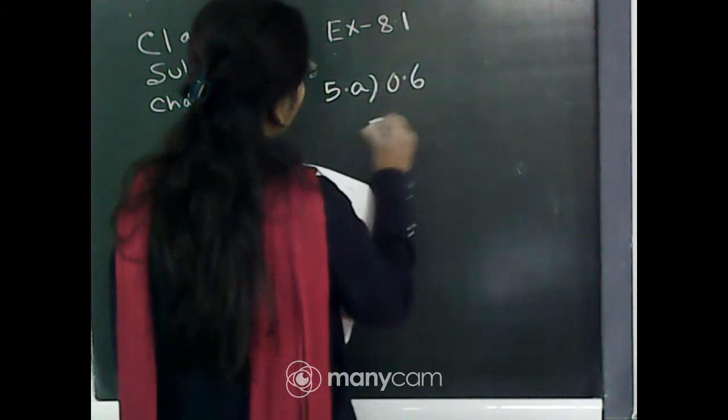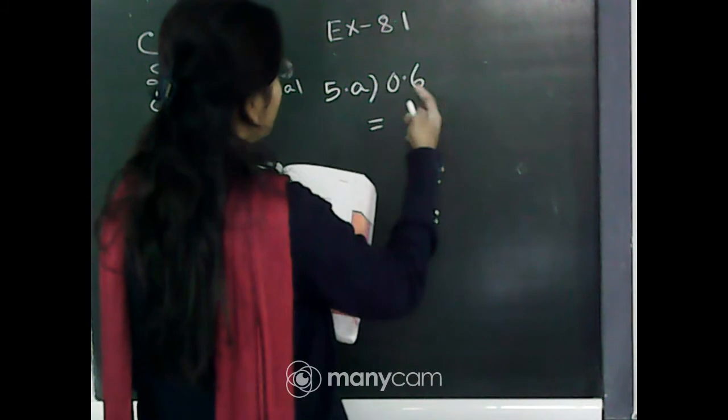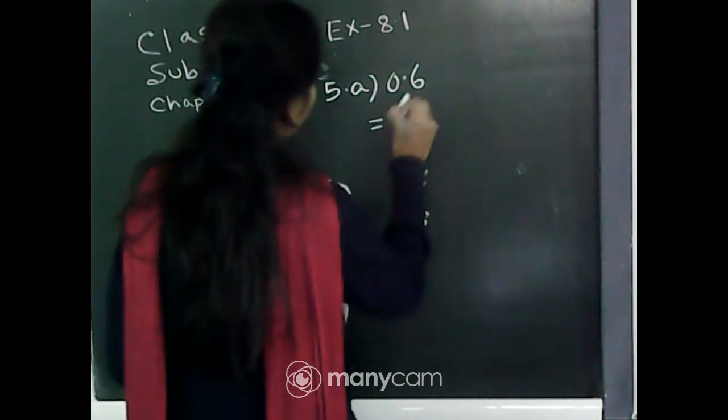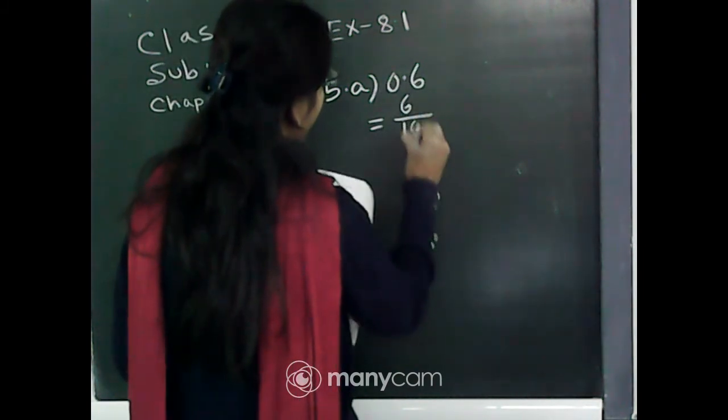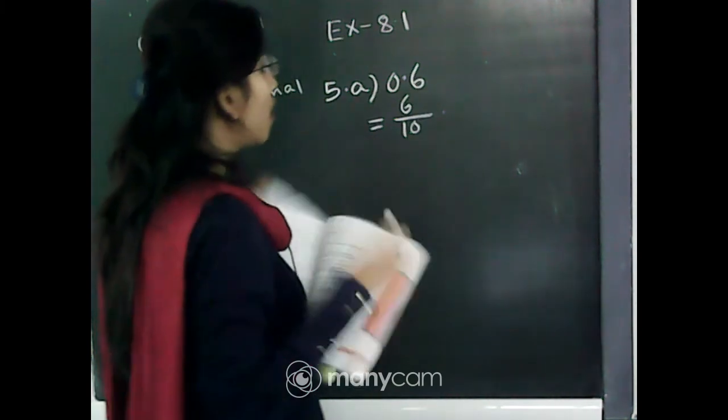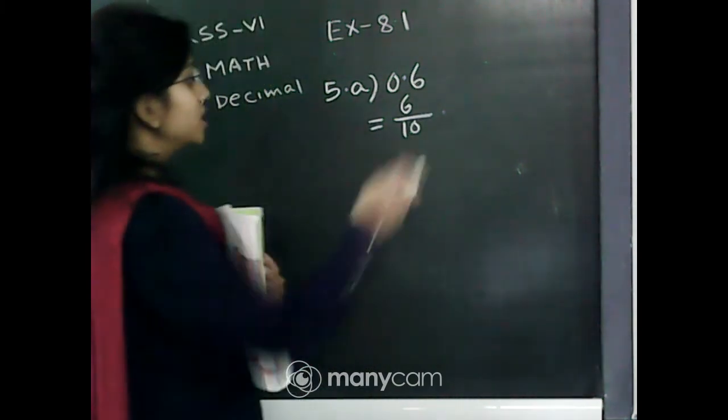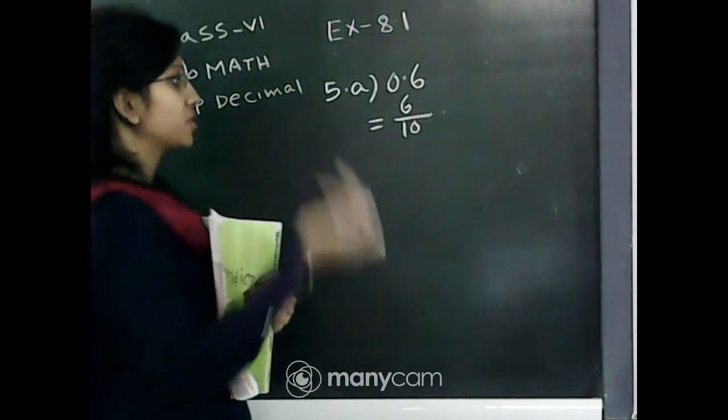If we convert this decimal number into the fraction, we get 6 divided by 10. Now, we will convert this fraction into its simplest form.